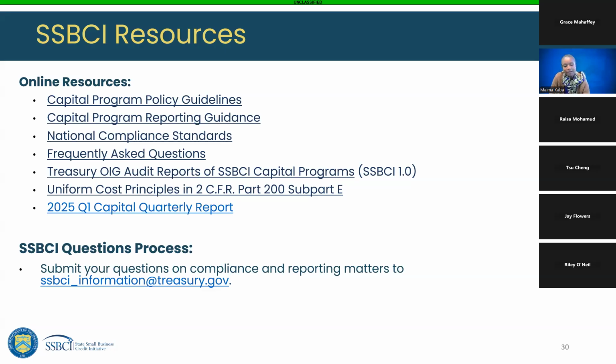Please maybe review that and incorporate any step in your review process. Always we ask folks to reference the IG audit from 1.0. And make sure you review the uniform cost principles to make sure that you are aligned and all your admin expenses are compliant. As stated before, the programs team is still putting together the summary data for Q2, but Q1 is available. So please look at that report and compare your performance against other jurisdictions.